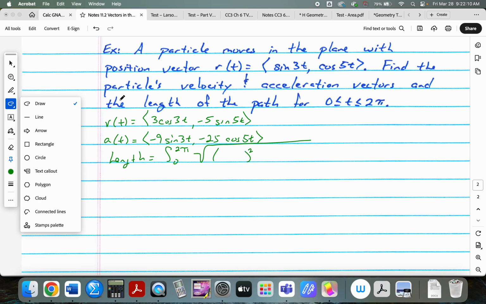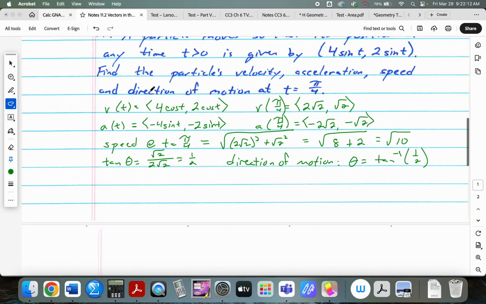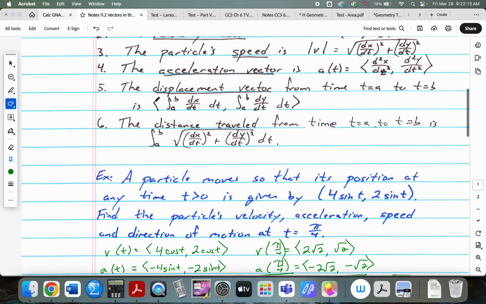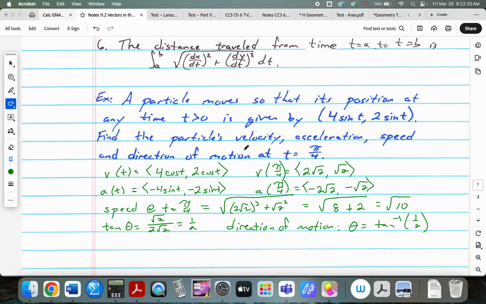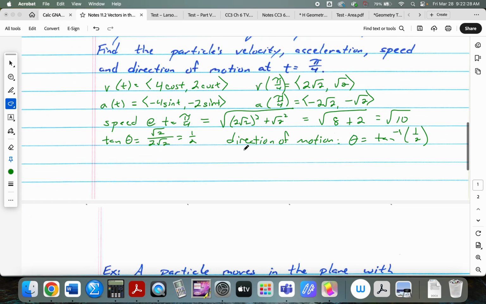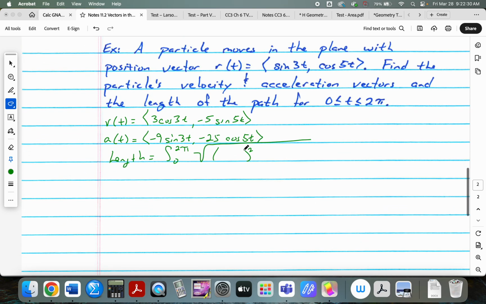All right, so if we go back to here. Distance traveled is the magnitude of the velocity vector. And we integrate that.